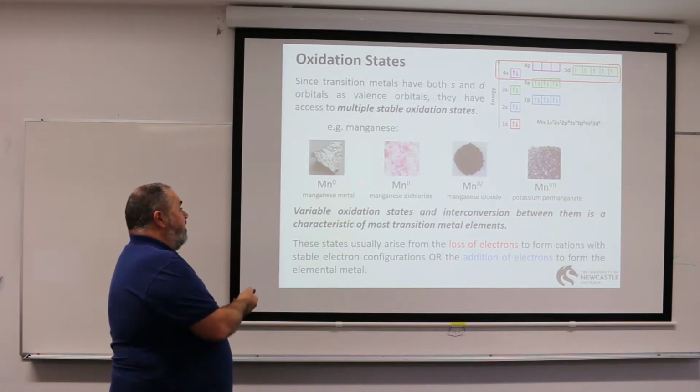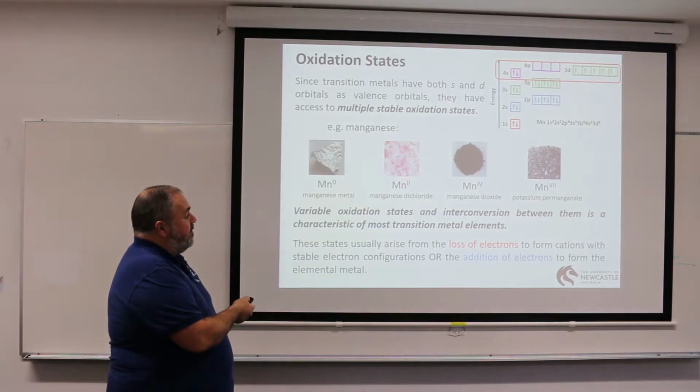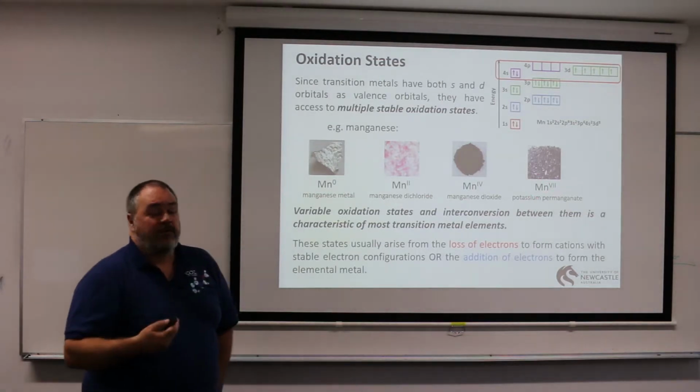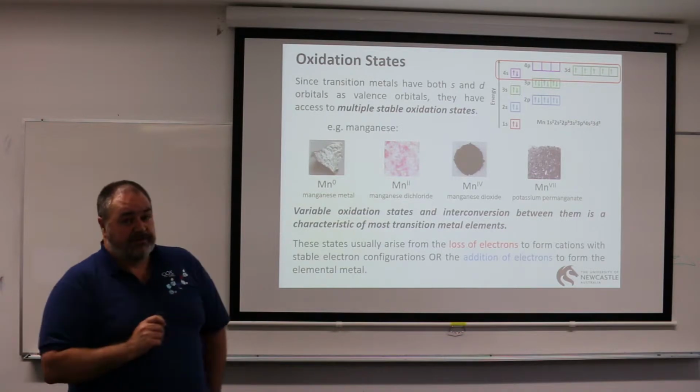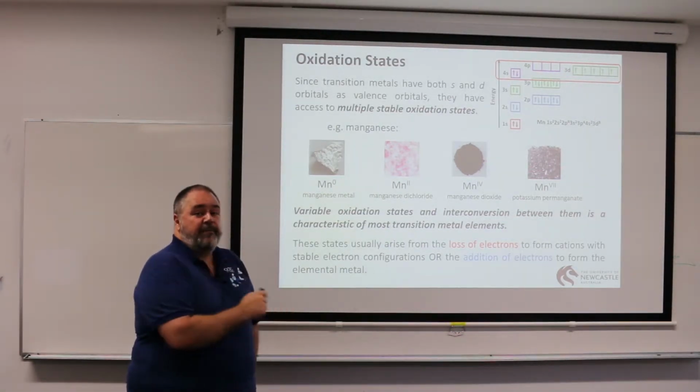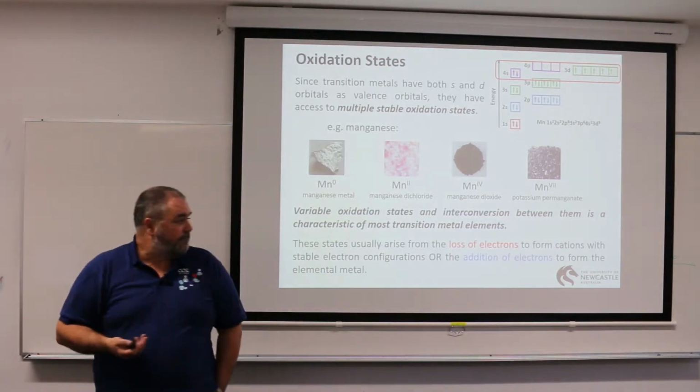We can see that we can have stable manganese metal with an oxidation state of 0, going through to manganese 2 for manganese dichloride, manganese 4 for manganese dioxide, and finally manganese 7 for potassium permanganate, where we have now lost all 7 of these valence electrons. And now we form what is, as we know, a very powerful oxidizing reagent.